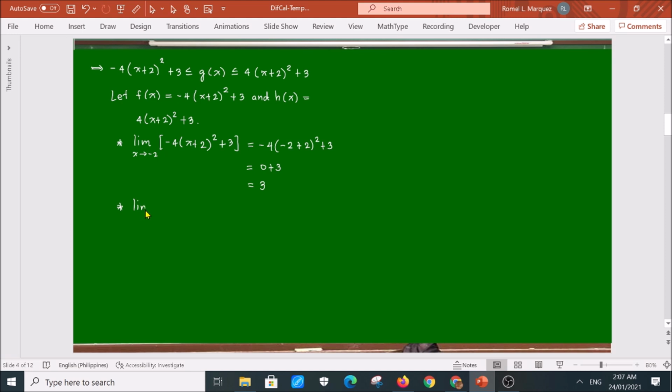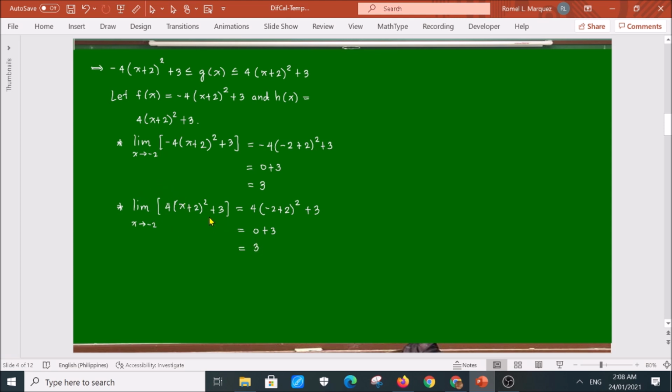Taking the limit of h of x, that is 4 times (x plus 2) quantity squared plus 3, as x approaches negative 2, we get 4 times (negative 2 plus 2) quantity squared plus 3, and this is equal to 0 plus 3, and finally we have 3.